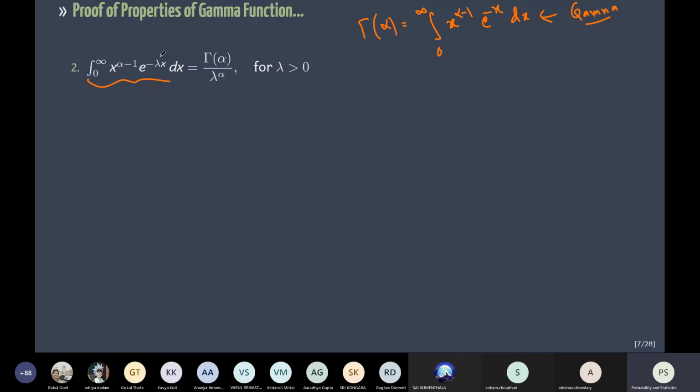So what we can do is substitute lambda x is y, I guess that will work, or the other way, right?